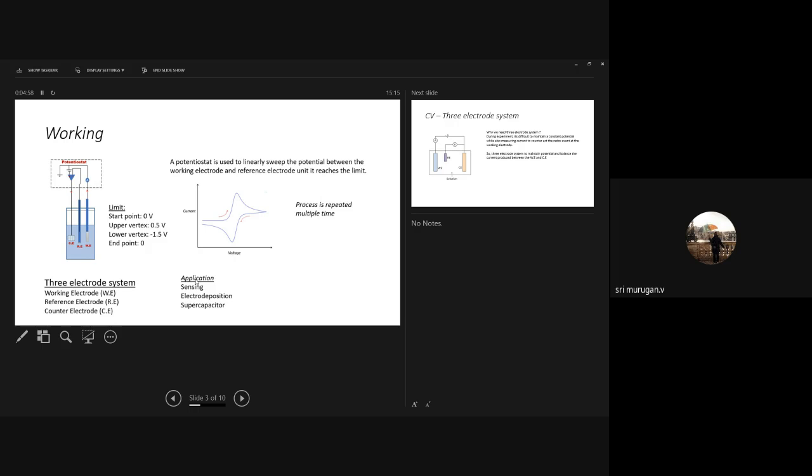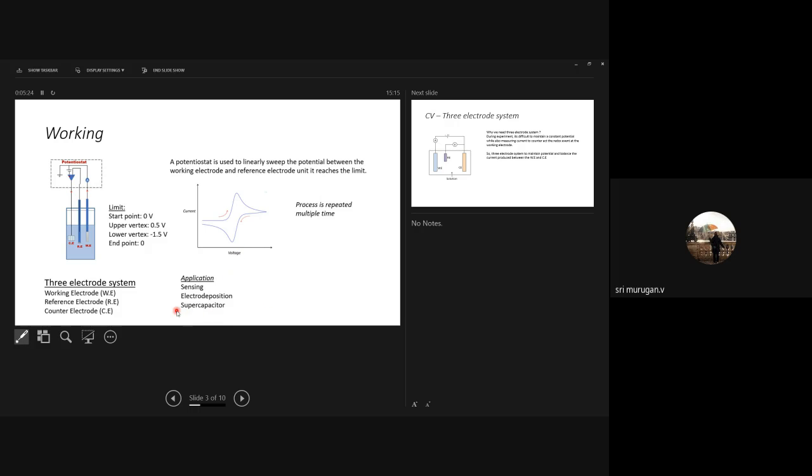If you want to do electrodeposition, depending on the kind of electrolyte you have, you have two components, anions and cations, and you want to deposit on the working electrode. From the CV only, we can fix which potential we want to work at, and then we can start.